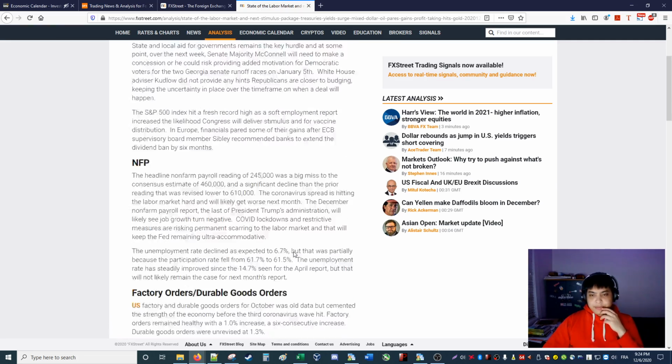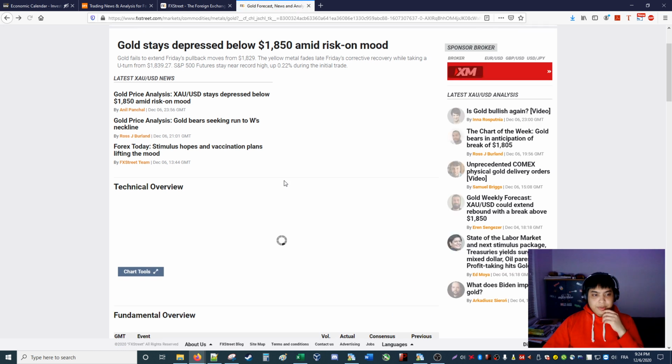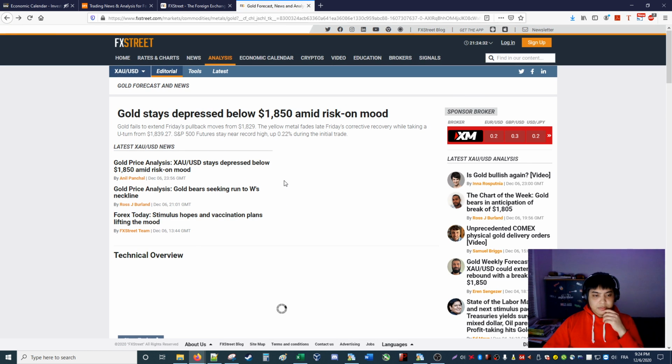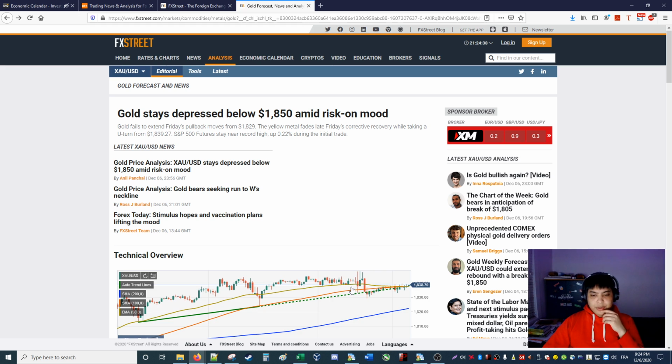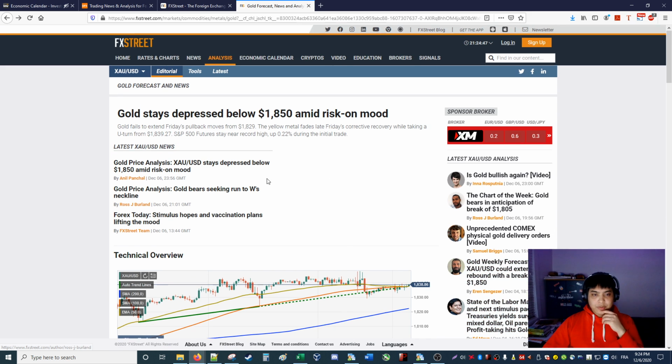All right, so gold is also not looking too good, actually. I'm trying to look for data or articles that push gold with an upside move, but it doesn't look too good so far.